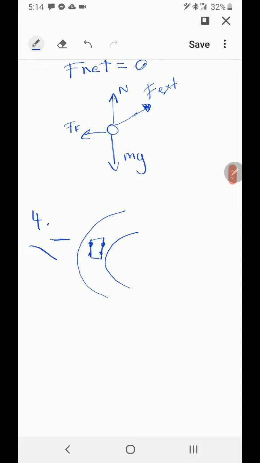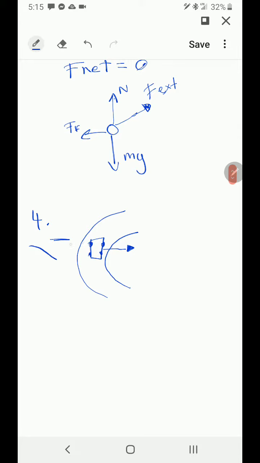I answered that there is no net frictional force because the road and the car exert equal and opposite forces on each other. But that's not true. If there's circular motion, there has to be an acceleration going inward. That's what we call the centripetal acceleration.